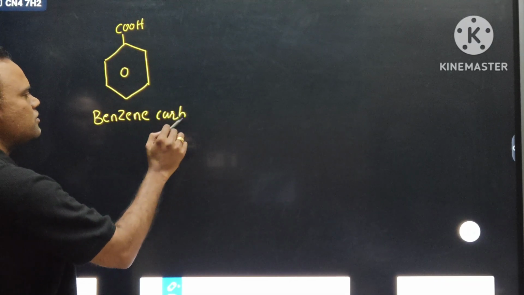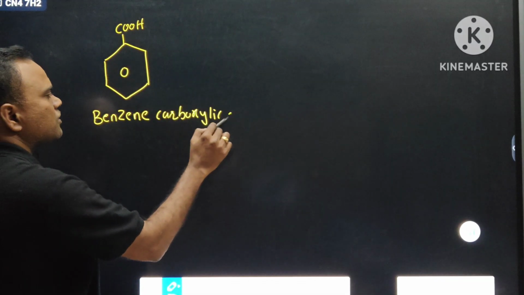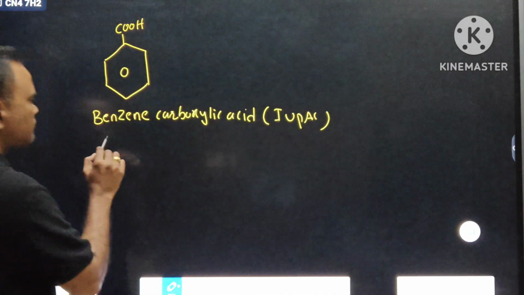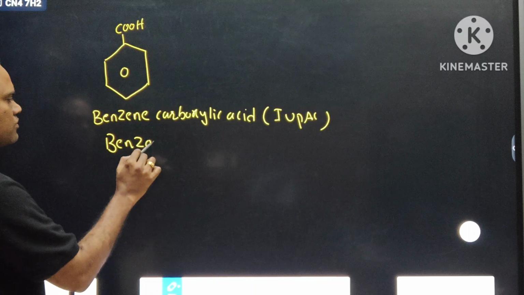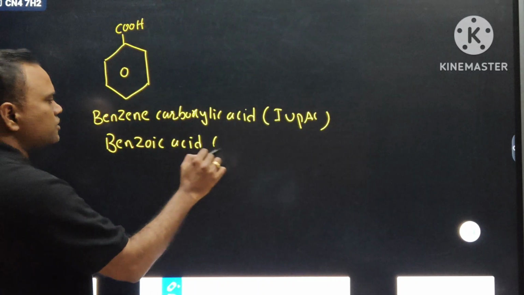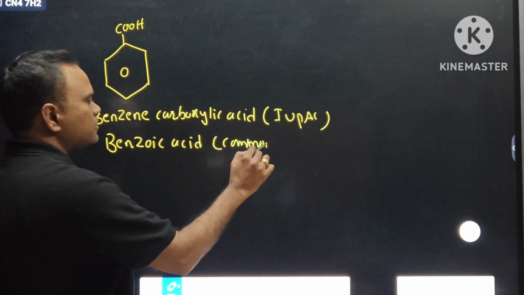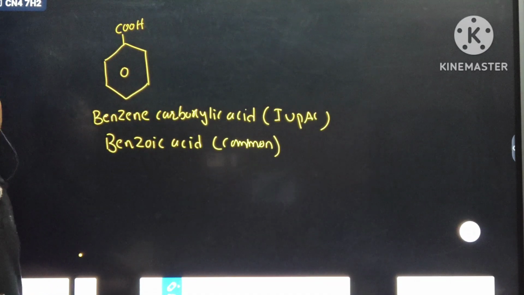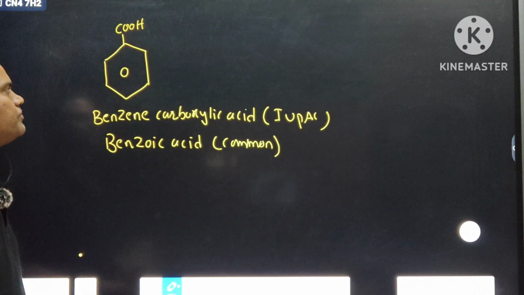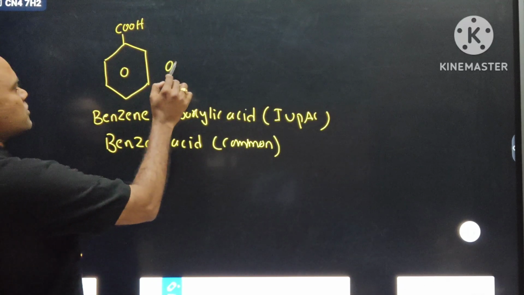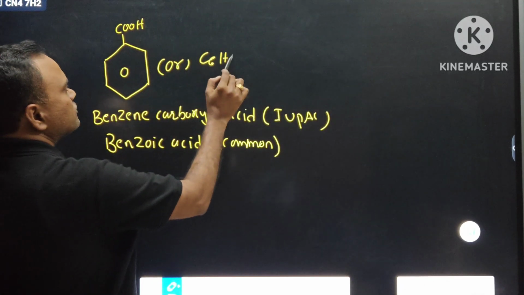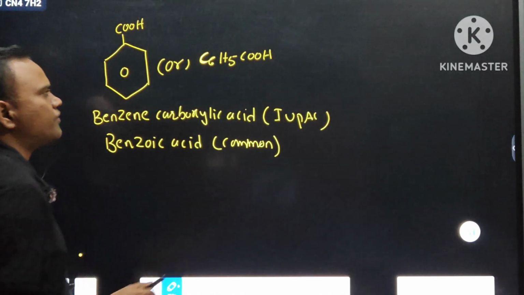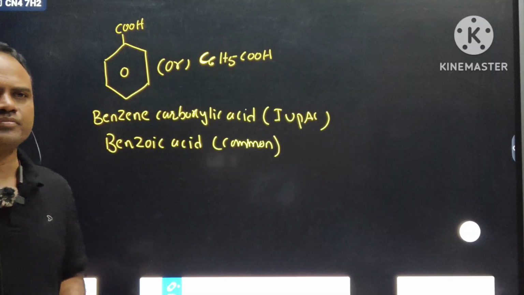Benzene carboxylic acid, benzoic acid. But we commonly call this by its common name only. Benzoic acid. You can write another representation also: C6H5COOH. Note this also. C6H5COOH. Copy directly.